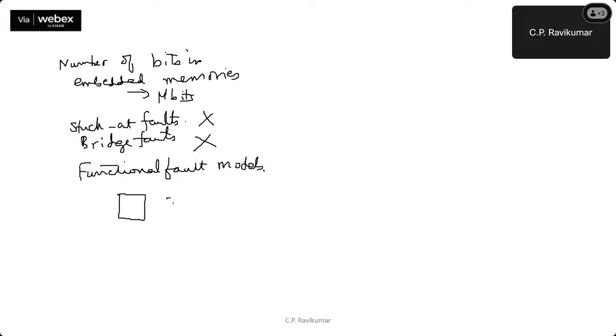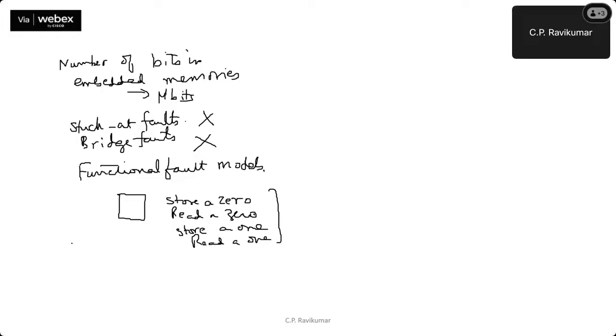It can store a 0 and we can read a 0 from the cell, or we can write a 1 or read a 1. This is all that the cell can do.